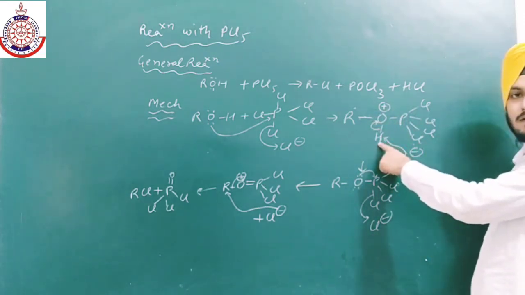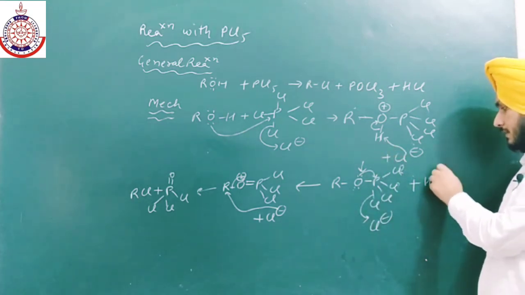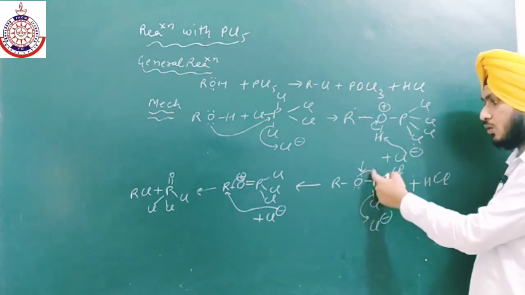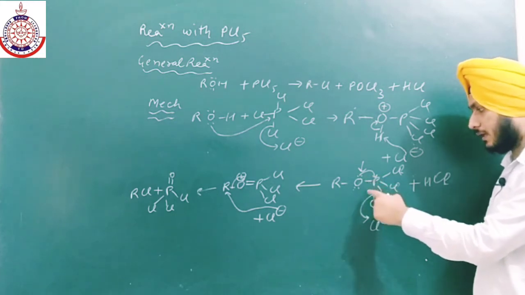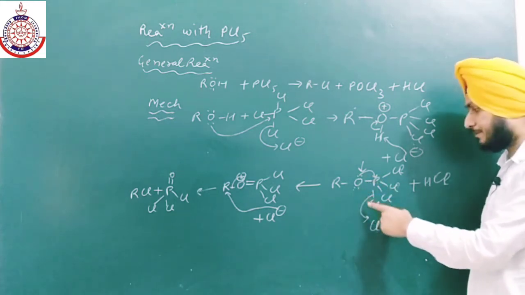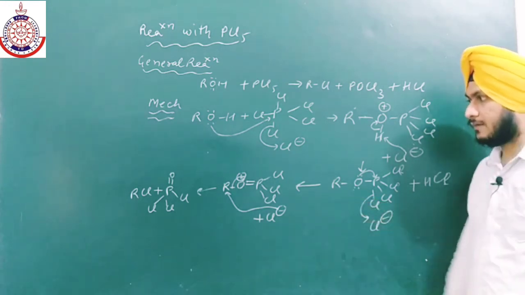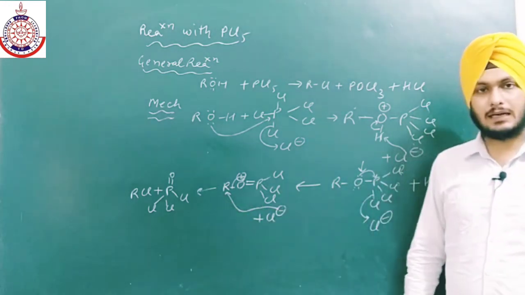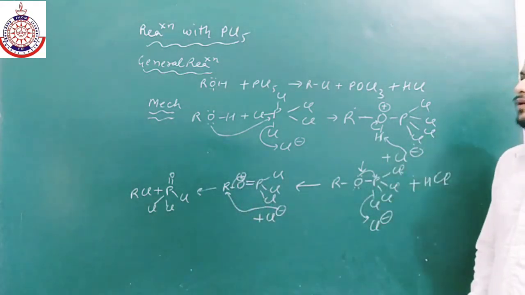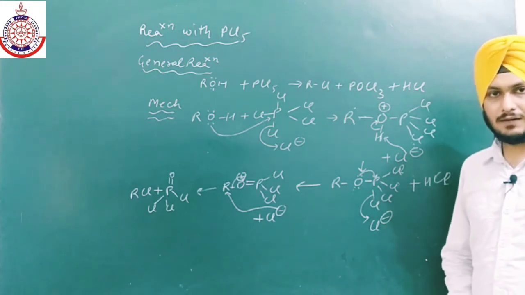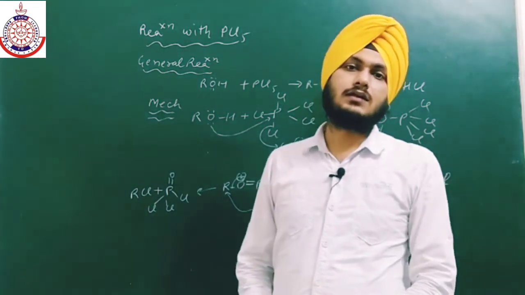So H positive will leave and Cl negative will form HCl with it. Then O will coordinate its electron into phosphorus and we will get a double bond with a positive charge on the oxygen atom and Cl will leave. Now this Cl negative will attack the alkyl group and we will get the desired products. So this is all about the reaction with PCl5.